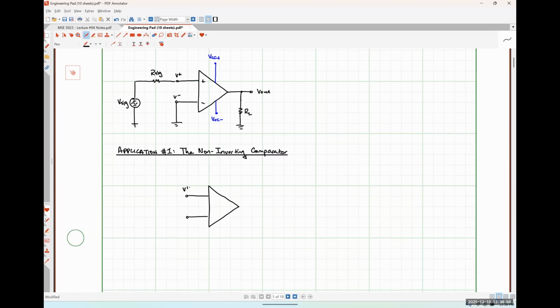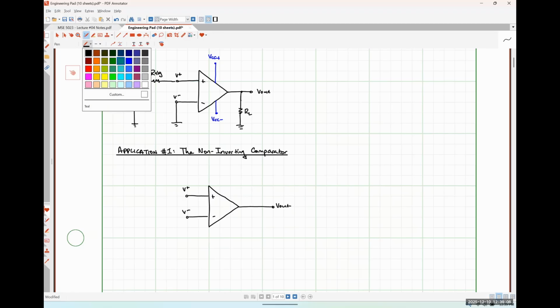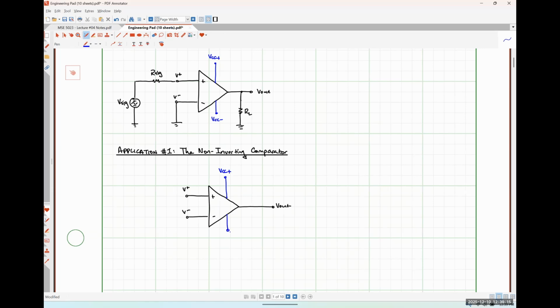So once again, we've got V plus, V minus, V out, our supply voltages, VCC plus and VCC minus. As I mentioned a moment ago, we might drive some kind of indicator light as our load. So I'll put this as RL here.